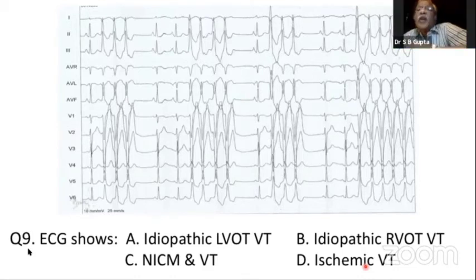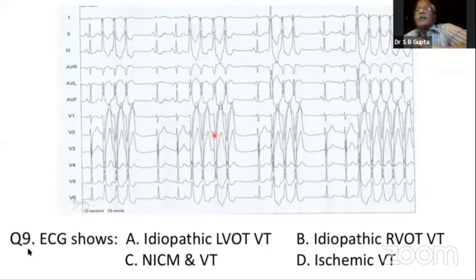Doctor, this patient has got non-sustained broad QRS tachycardia, and it is like an LBBB type of tachycardia with normal axis. And it's a monomorphic tachycardia.